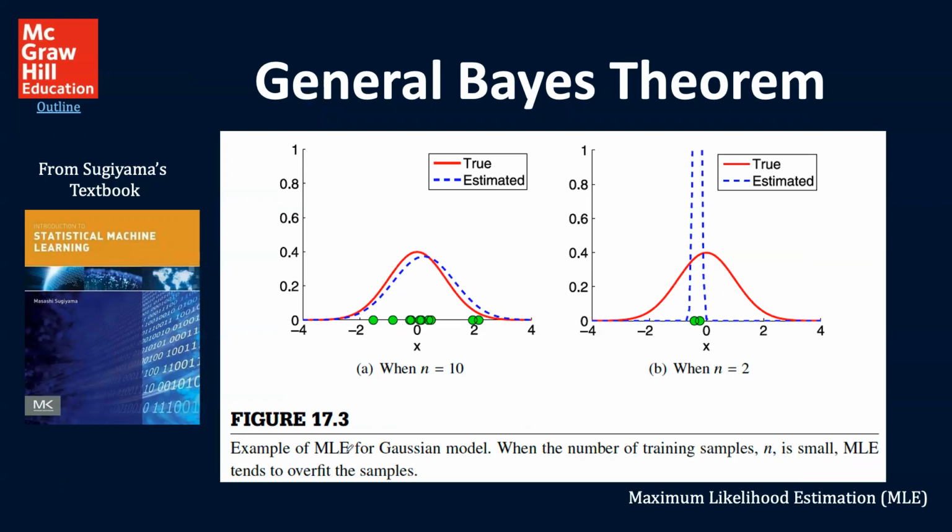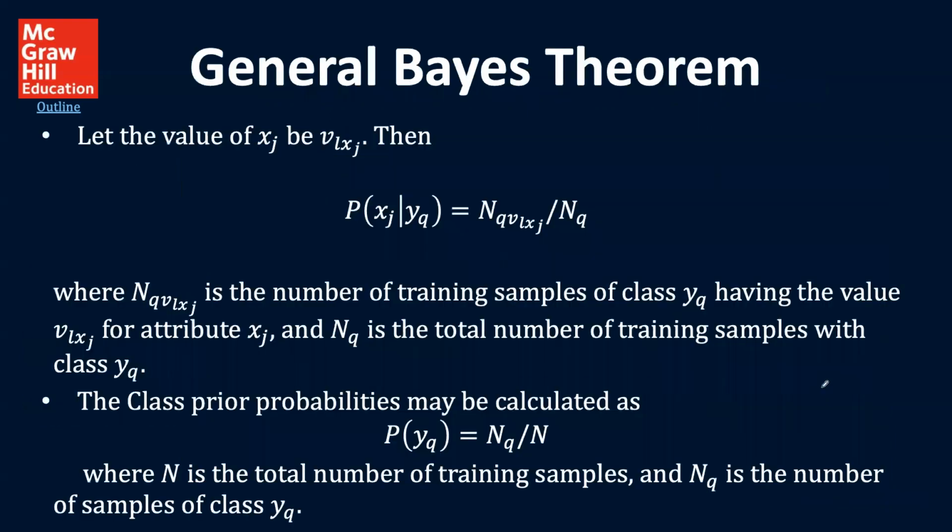Here we have an example of MLE for the Gaussian model where the number of training samples n is small, and then the MLE tends to overfit the samples. We can see what happens going from one to another. This one is a good estimate. This one is not working out very well, is the bottom line of what I'm trying to draw from that.